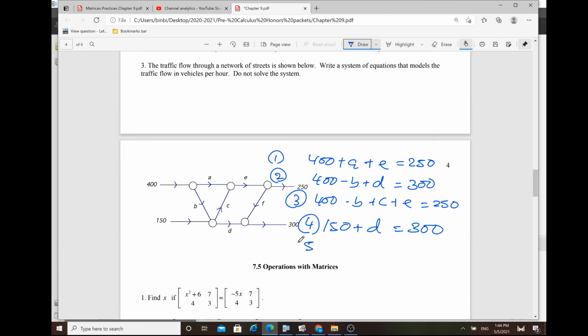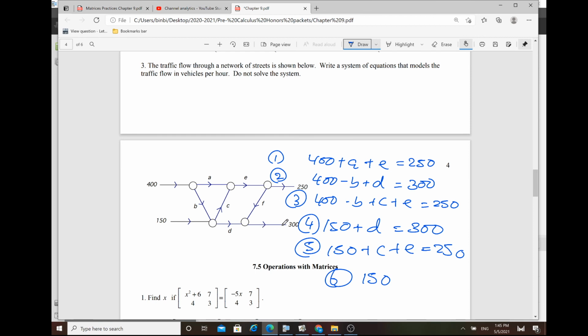And then the fifth one, 150. Okay, so this one going back, going to this node here and go to C, plus C, and then plus E. So that equals 250. And then finally, the last one. Oh, this one is going back down.